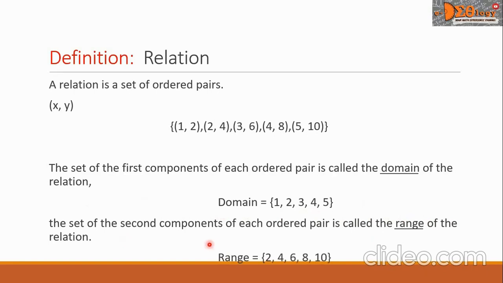In here, the range is 2, 4, 6, 8, and 10. We may say that the domain is the group of x values, while the range is the group of y values.